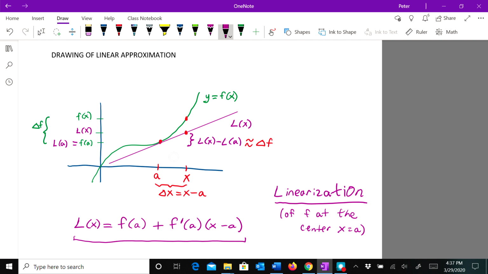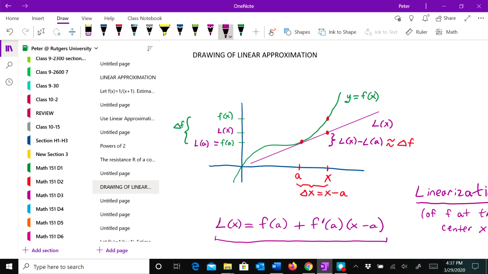If instead I start at L of a, which should be exactly equal to f of a, and calculate L of x, then I only rise up to this point, and we create this vertical distance, which is not quite as great in this example. It could be greater depending on what sort of curve we have. But that gives us an approximation of delta f. So these terms will come up in some of the problems that we're doing. So let's flip to the actual problems.